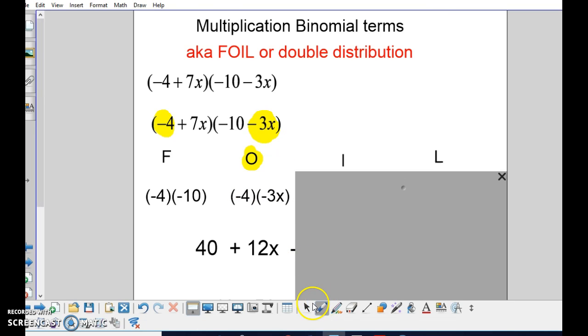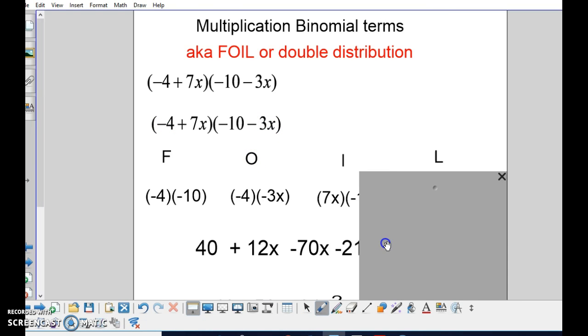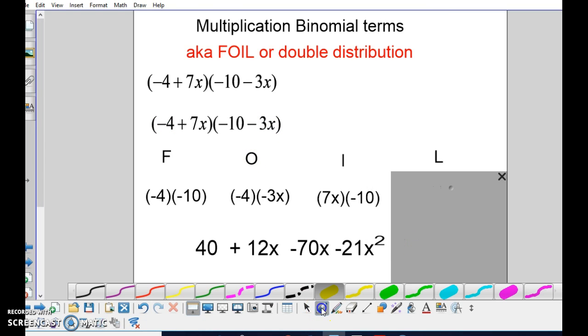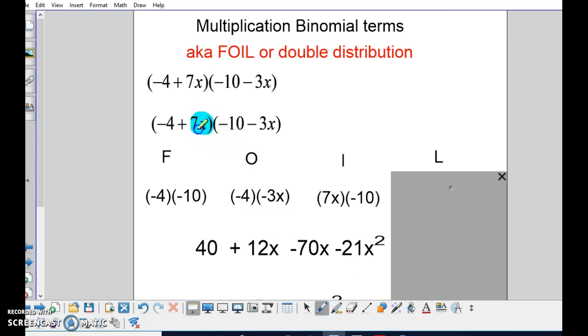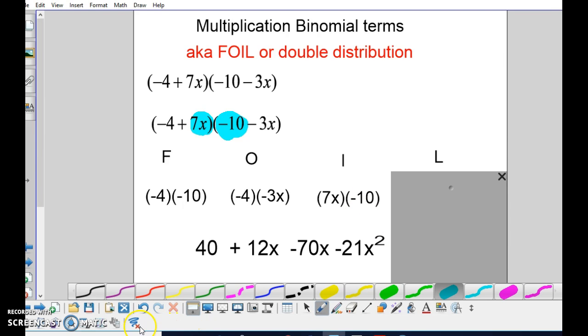Okay, I'm not done. I have an I. The I stands for inner terms. So what I'm going to multiply there, I hope you can see what my inner terms are going to be. My inner terms are this 7x and the -10. And I just write down that product right there, 7x times -10. And then last but not least, we're going to do our last terms.